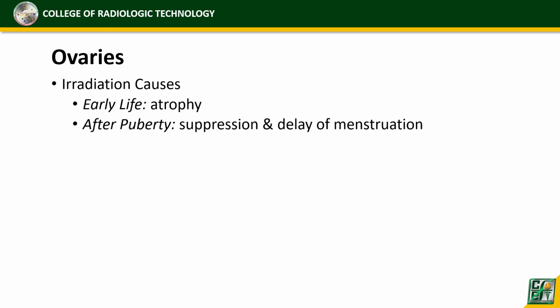So ovaries. Irradiation causes, in early life, atrophy o pagliit ng ovaries. After puberty, suppression and delay of menstruation ang pwedeng maging cause ng exposure ng ovaries sa radiation. So 10 rad is enough to suppress menstruation.